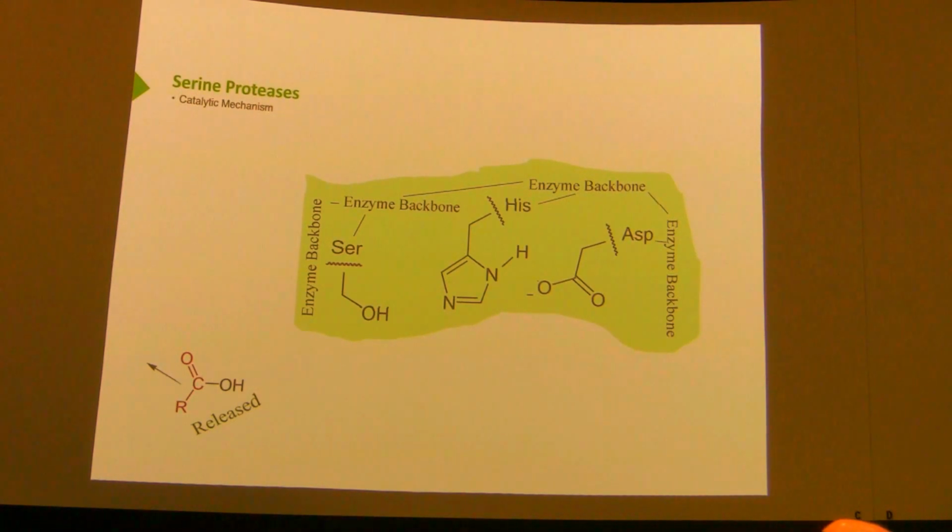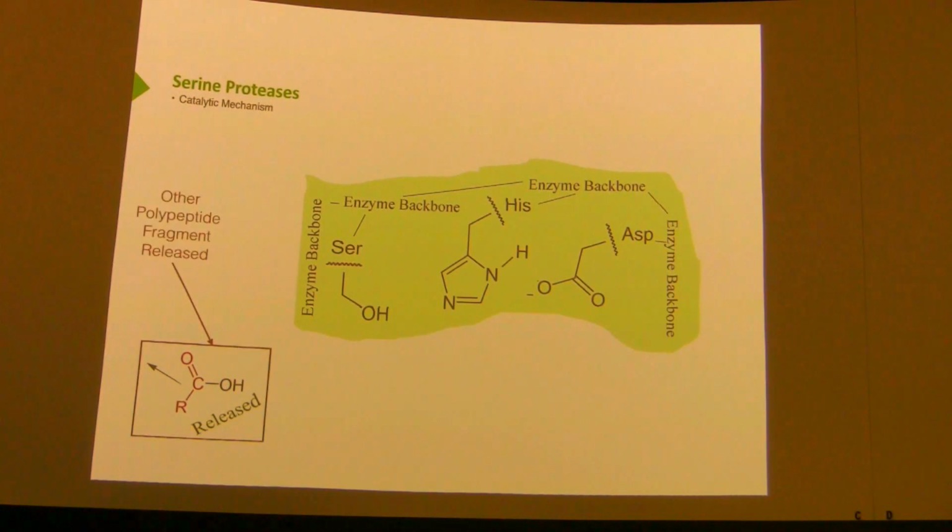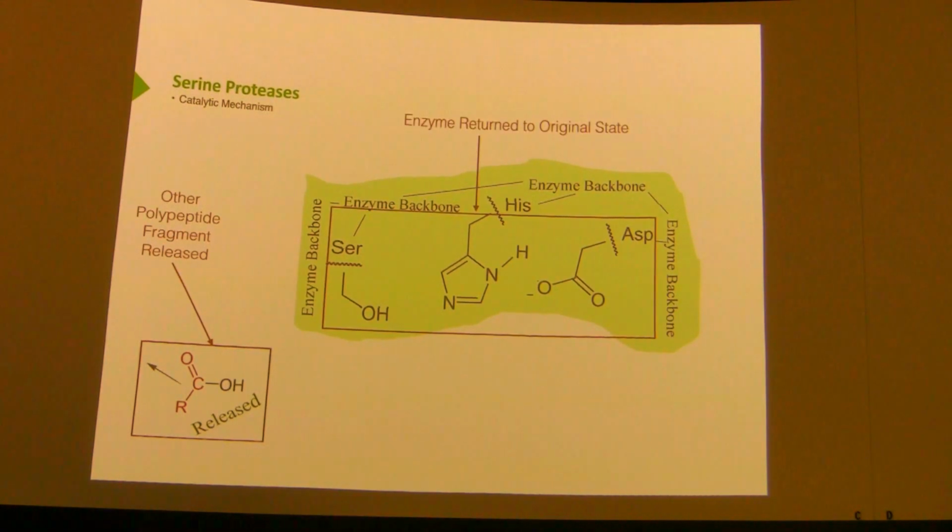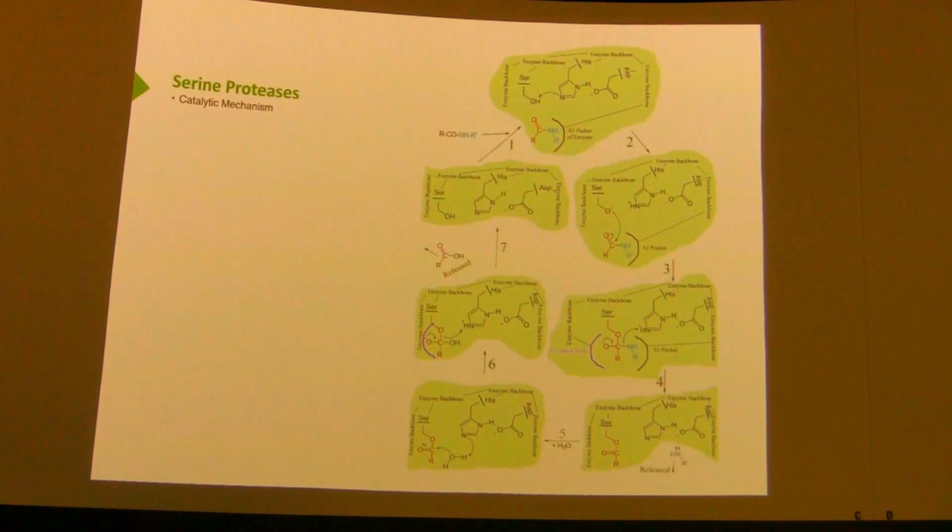Now, that's a lot of information, a lot of steps there. I want to summarize what I've said. Of course, the enzyme gets returned to its original state. All right, so what's happened? First, we had binding of the substrate to the S1 pocket. The binding of the substrate caused those changes I talked about.